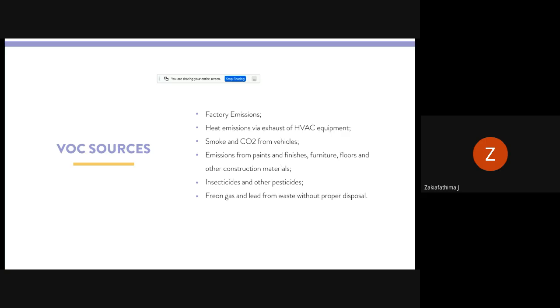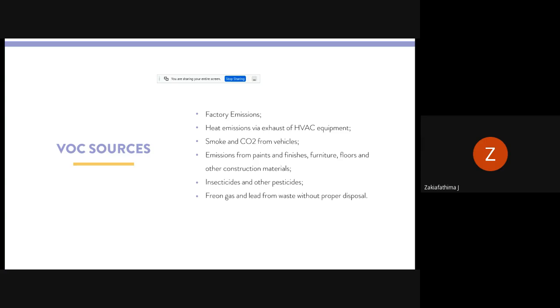organic compound that has to be checked when you give your declaration. So factory emission, during the process of manufacturing of that product, there should be either low VOC emission or no VOC emission. Then heat emission through exhaust of HVAC equipments.